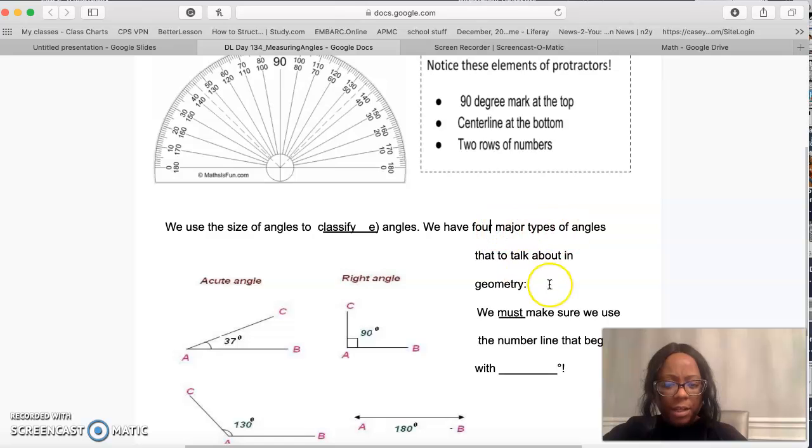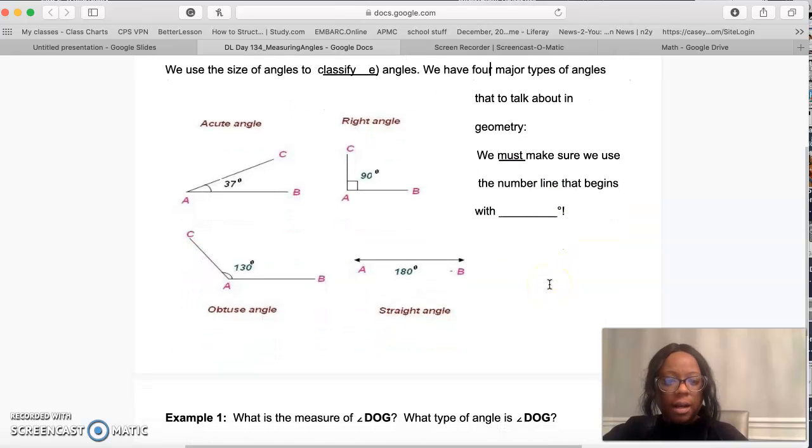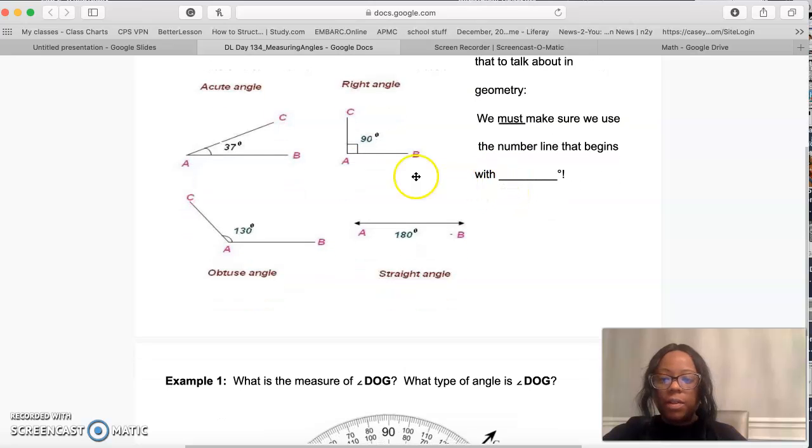We have four major types of angles to talk about in geometry, and I just went over those with you, but here's a visual representation. We have angle CAB, and that angle is measured as 37 degrees, and it's acute.